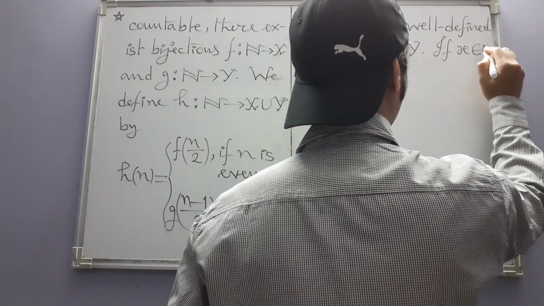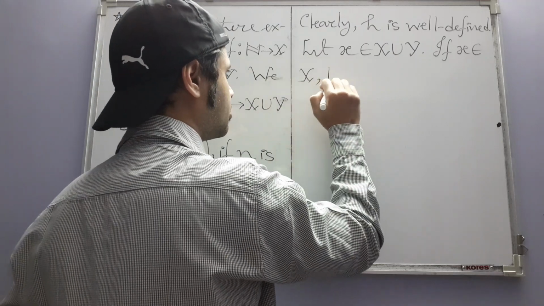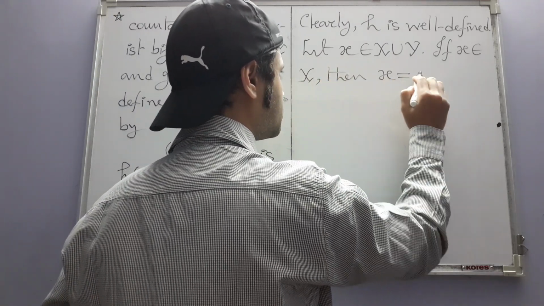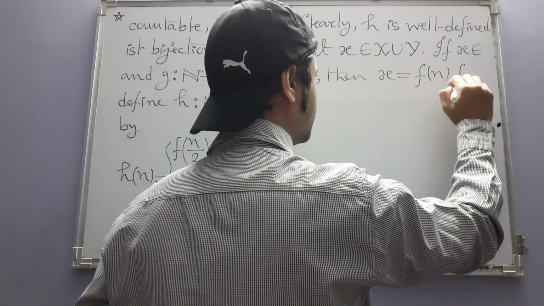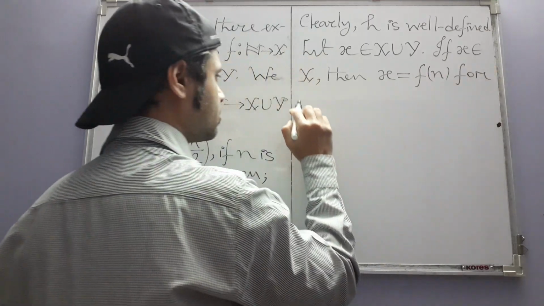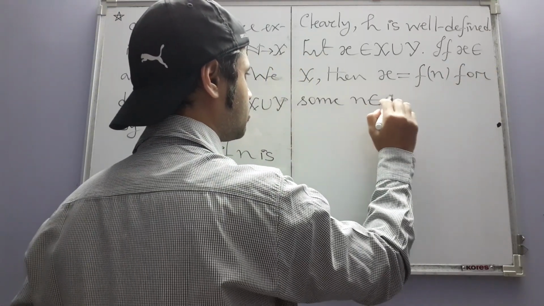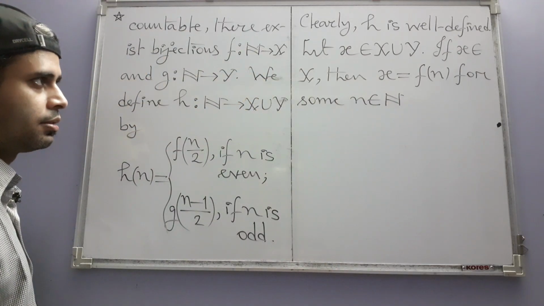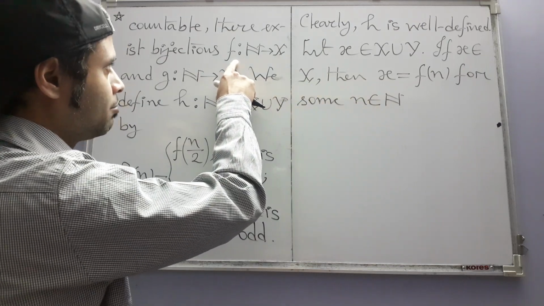If x belongs to X, then x is equal to f of n for some natural number n, and this is because f is onto, being a bijection.